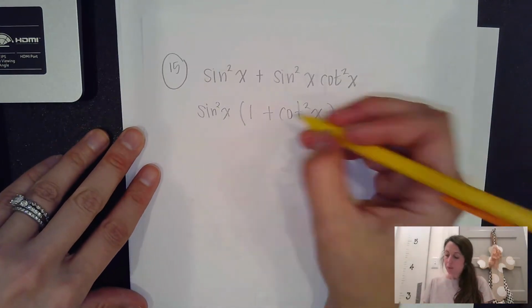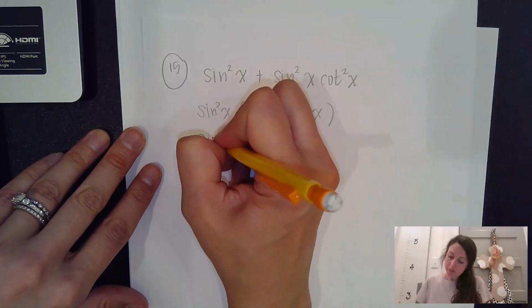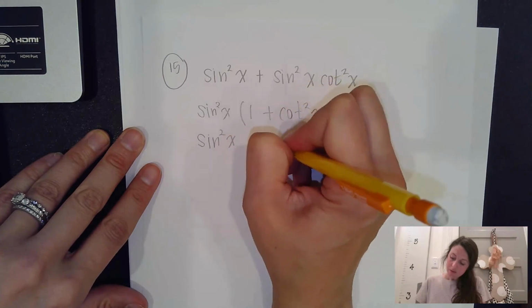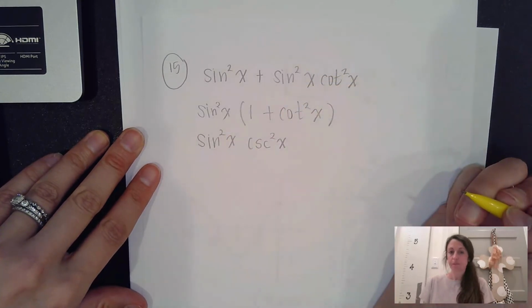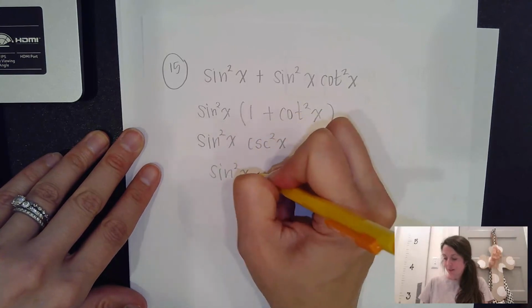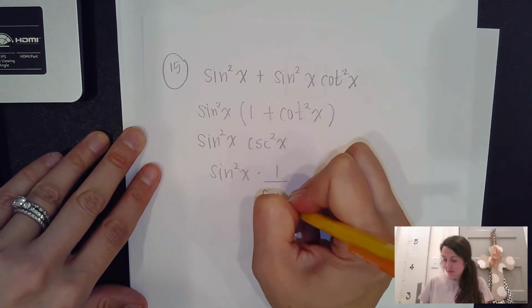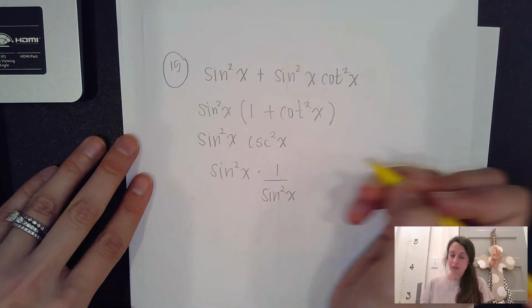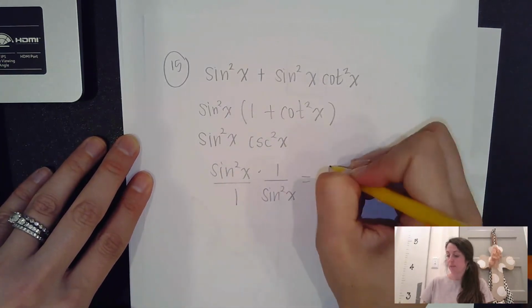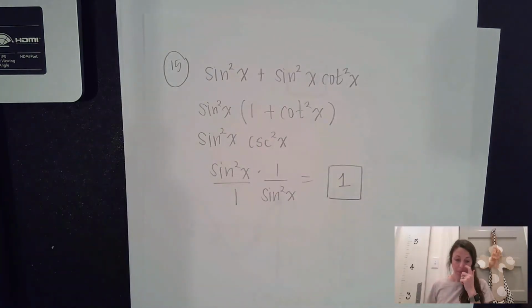Okay. 1 plus a cotangent squared is going to be a cosecant squared. Well, cosecant is 1 over sine squared. So this will be 1 over sine squared. So sine squared over sine squared is basically just a 1. Isn't that beautiful?